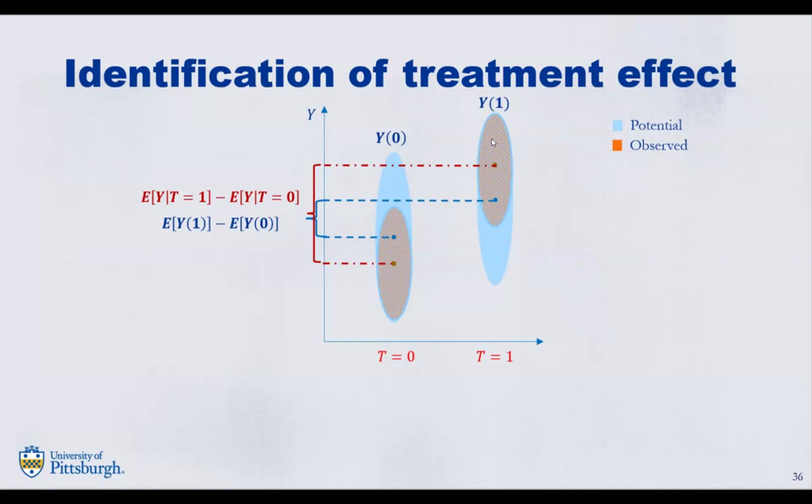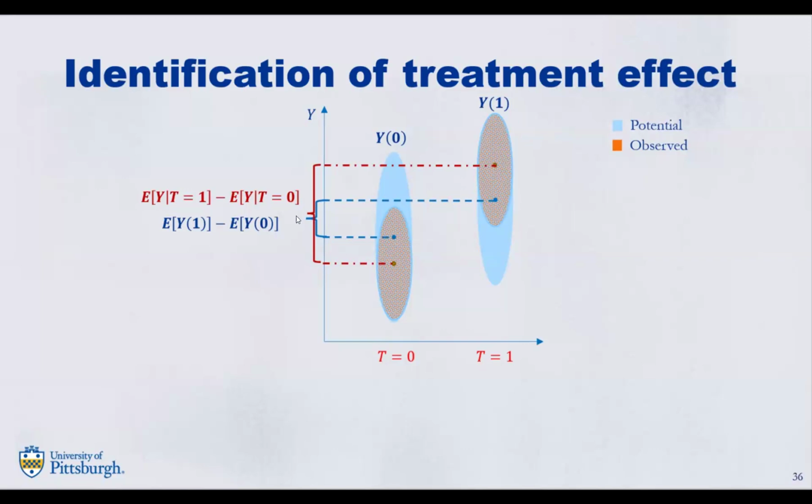Then the consequence is that the simple mean of the outcome in the control group is no longer equal to the population average of the potential outcome under the control condition. Similarly, the observed mean of the outcome from the intervention group is no longer equal to the population average of Y1.